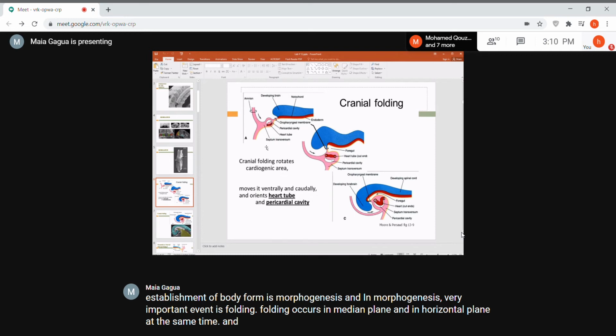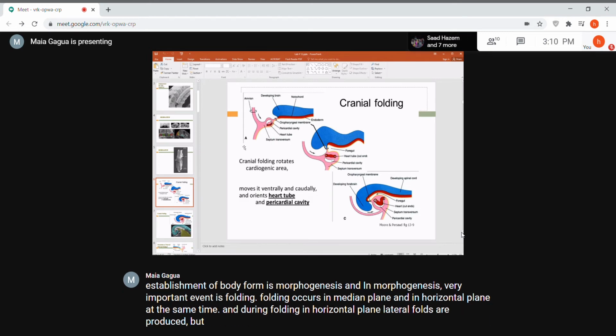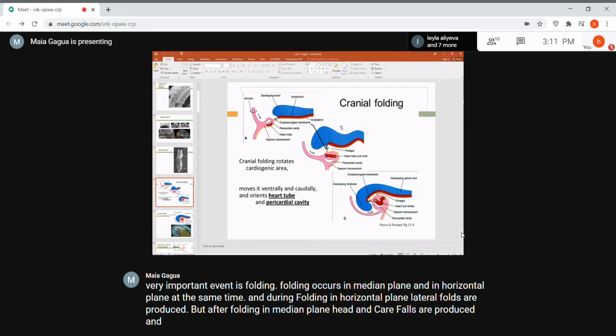During folding in horizontal plane, lateral folds are produced. But after folding in median plane, head and tail folds are produced. And after folding, flat embryonic disc is converted into cylindrical embryo.